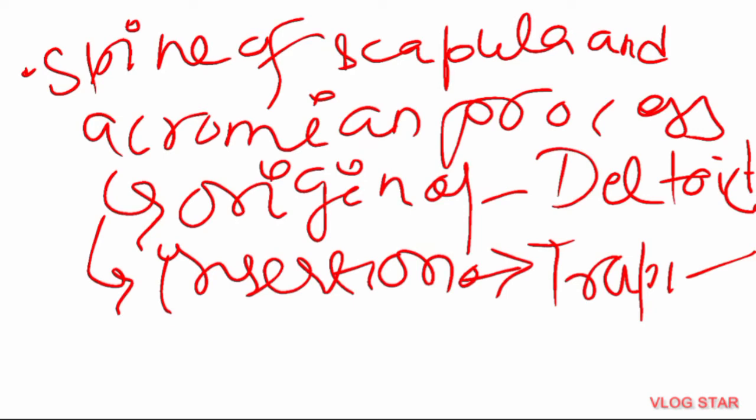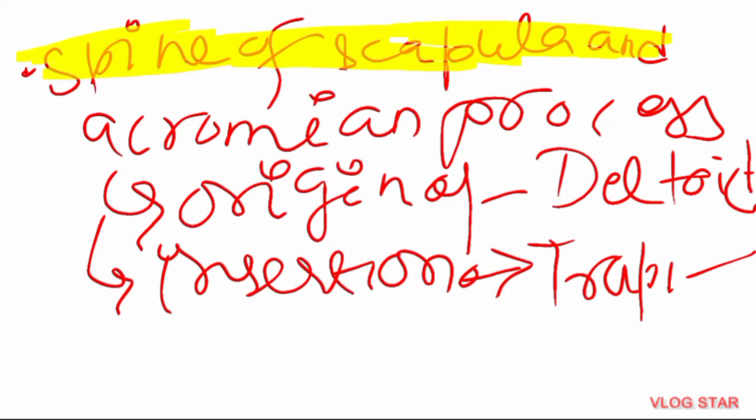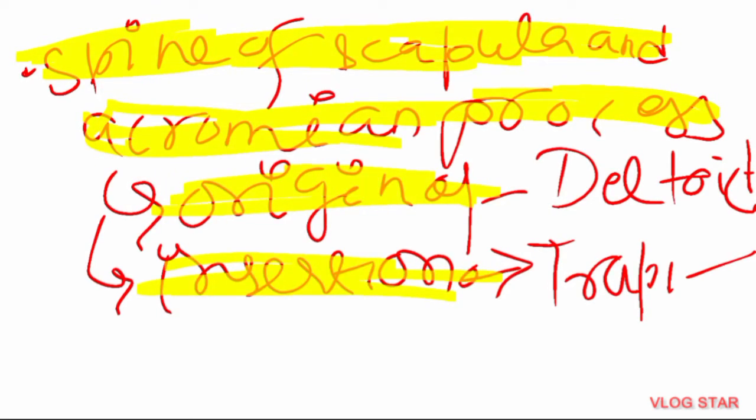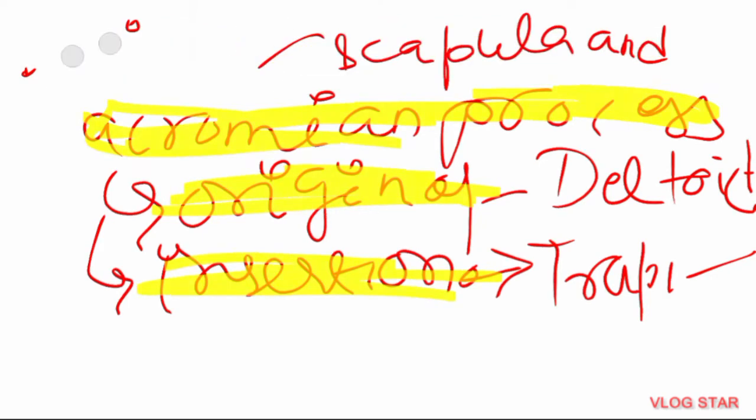And let's move ahead to the glenoid tubercle. This is the heading, and here is the origin of deltoid and insertion of trapezius muscle. Just note it down.